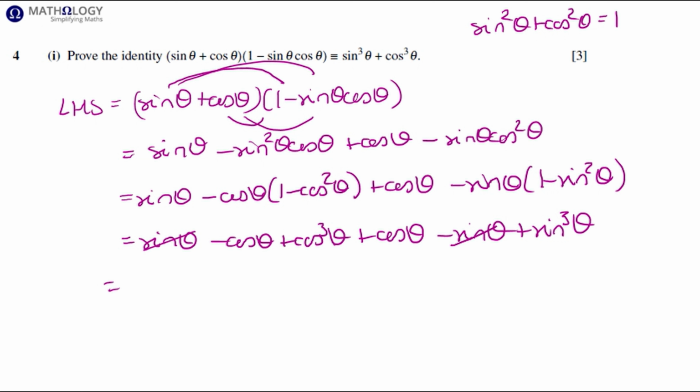We have sine theta minus sine theta, cos theta minus cos theta, sine cubed theta plus cos cubed theta, which equals the right hand side. Not particularly difficult, just takes a little bit longer to arrive at the proof. The first approach clearly is easier, but how you go about proving the identity is entirely up to you.